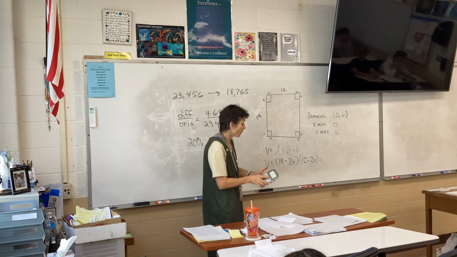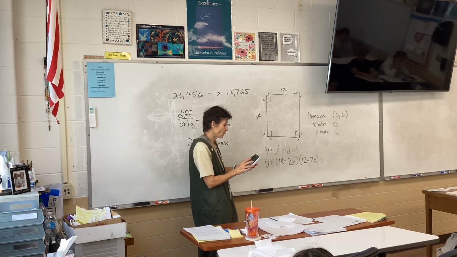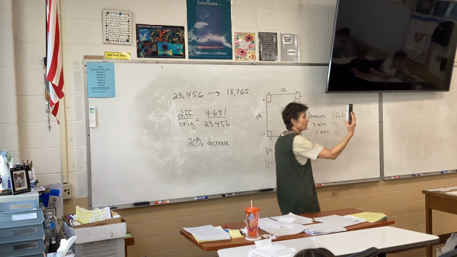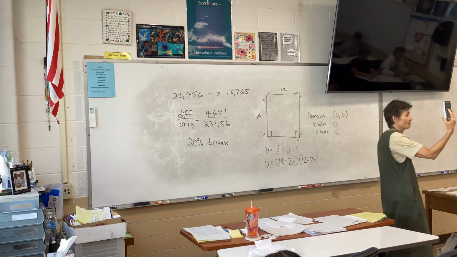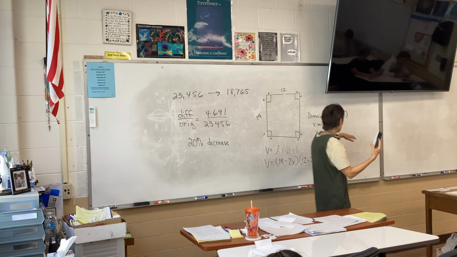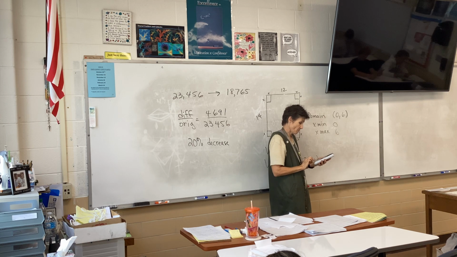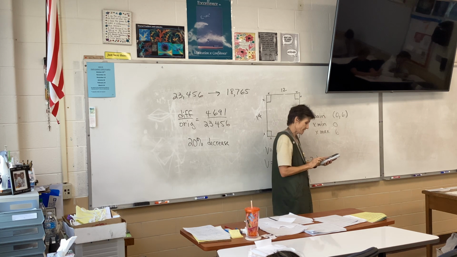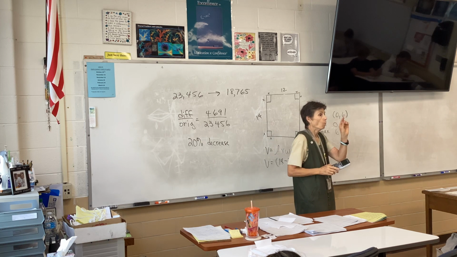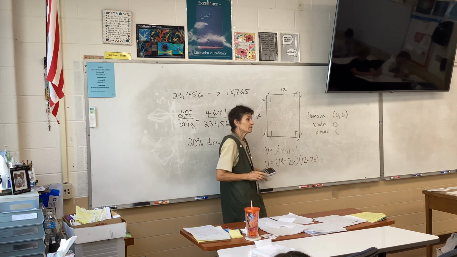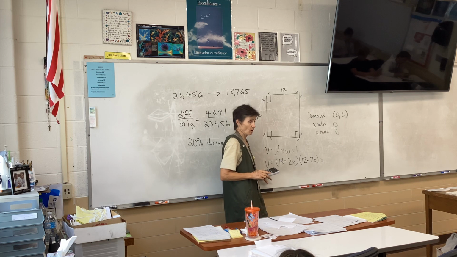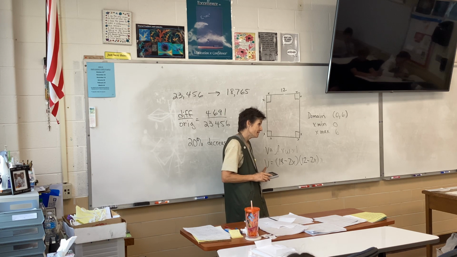We're going to go to our calculator, and we're going to go to window, right here, where my finger's pointing, window. And you just told me that X min is 0 and X max is 6. Now, Y min will always be 0 in this problem because Y is the volume and the volume can't be negative.